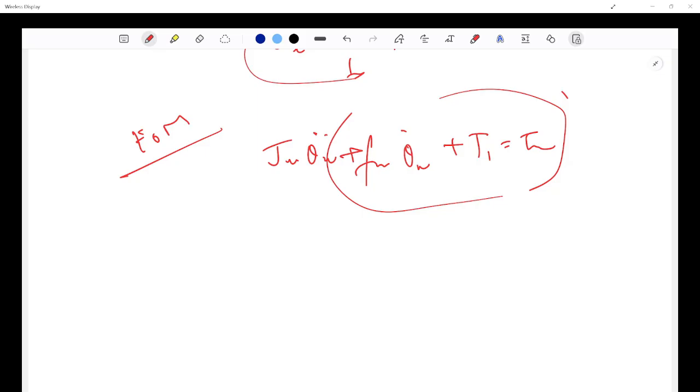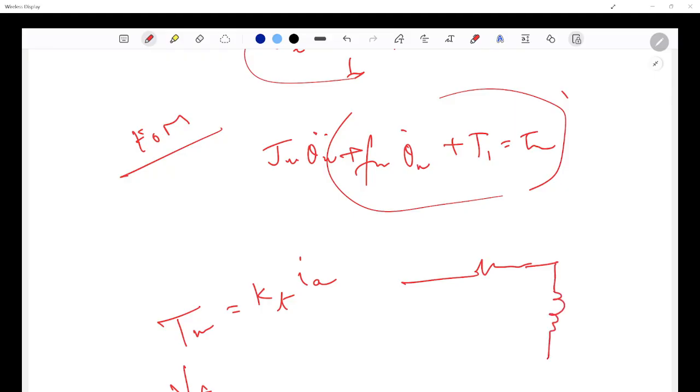Okay, so after this there is the DC motor model. You know already that in a DC motor your torque is directly proportional to current, so there is a torque constant multiplied by Ia. From the electrical circuit that you have here, a resistance and an inductor, let's say we do not have the inductor, then we can directly take it to be back EMF.